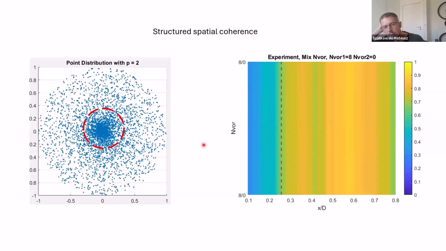On the right-hand side you can see the experimental validation of that. The y-axis makes no sense here. It's just to visualize that there is a central part which consisted of 8 vortices in a lattice, which is bluish, so it's non-coherent, and the outer part was just a single vortex in a lattice, which is more coherent, and this is the line that we predicted where this switch comes up.